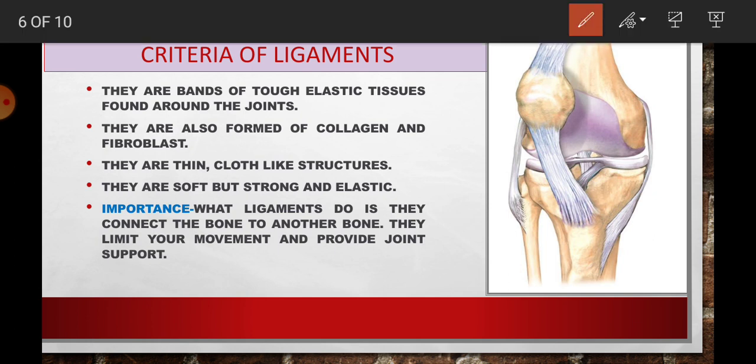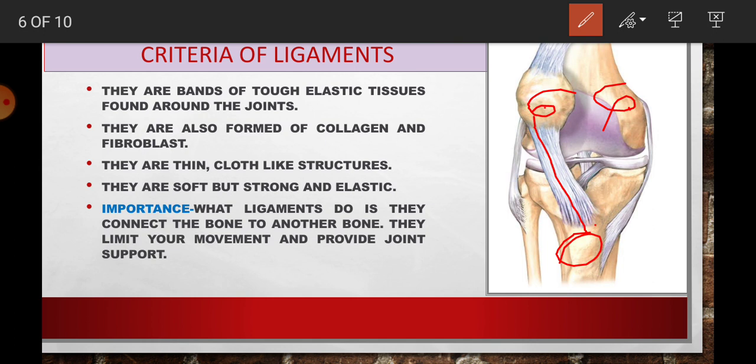That is, in this figure you are seeing this is a bone, this is a bone, and these are also bone, and these bones are connected by these ligaments.